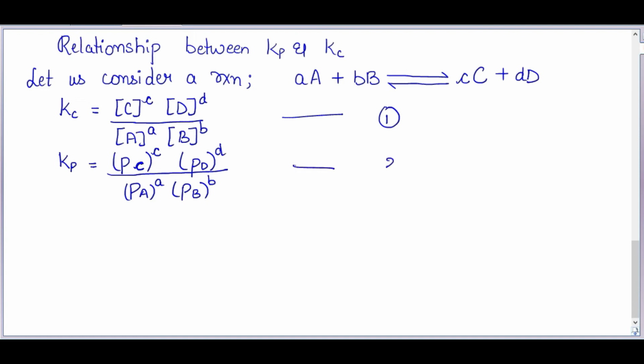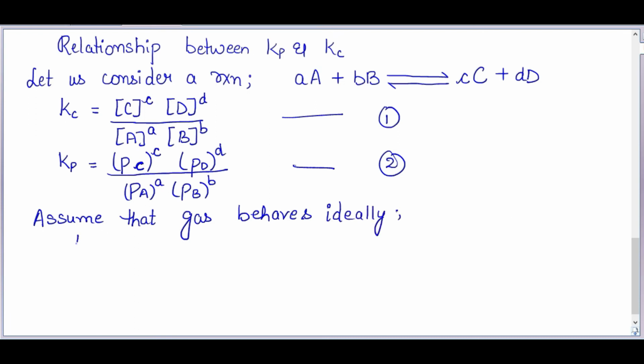So this is the second equation, right? So I am assuming that this gas behaves ideally, so you just write: assume that gas behaves ideally.